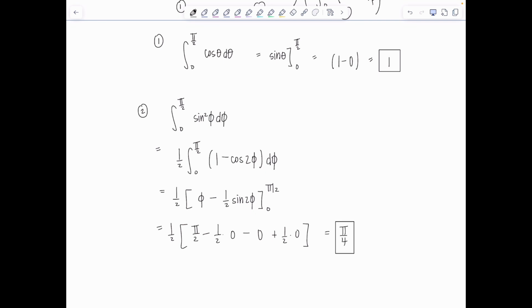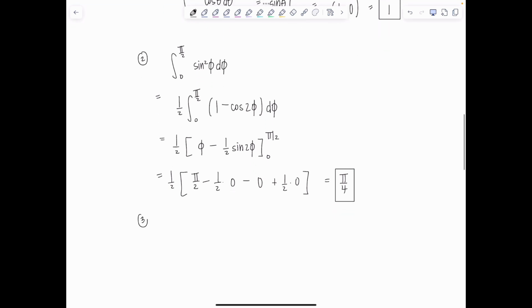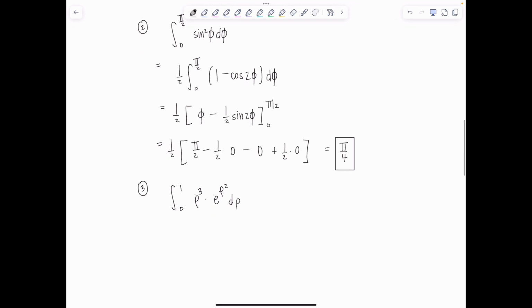Okay, last one's the spiciest one: 0 to 1, rho cubed times e to the rho squared d rho. You need to think of this rho cubed as rho squared times rho. We are going to do a substitution first, because when you make the substitution it won't be done.